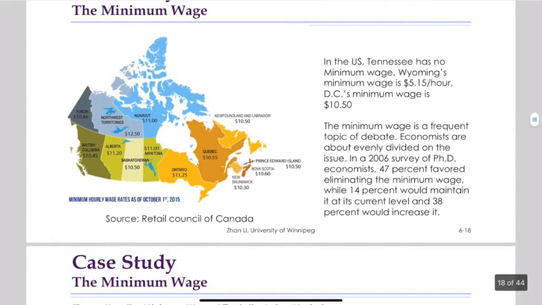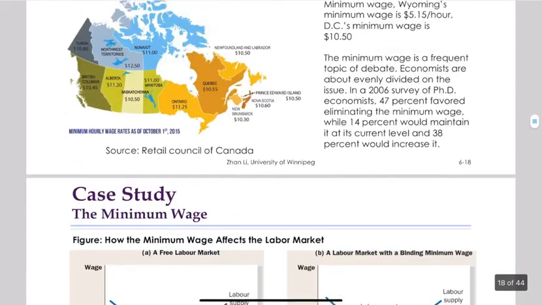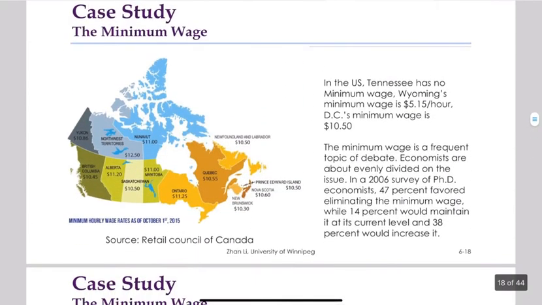Okay, now let's see the example of minimum wage. Supposedly, minimum wage is a good policy to help workers because it guarantees that you will get a decent wage. And here you can see that minimum wage policy in Canada is widely adopted, right?